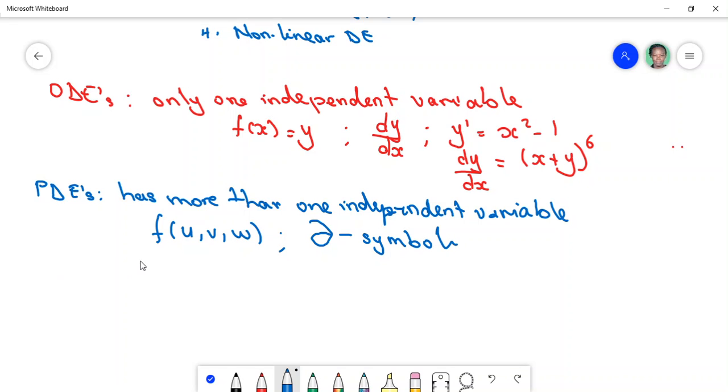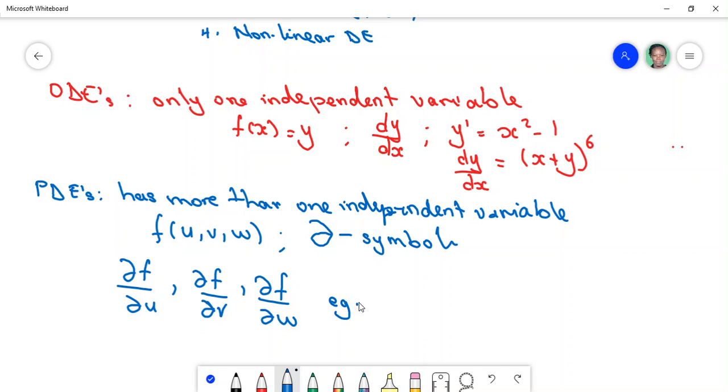So with this I have the partial derivative of f with respect to u, partial derivative of f with respect to v, then partial derivative of f with respect to w. So this has more than one independent variable.